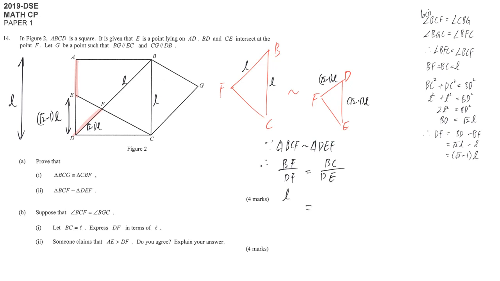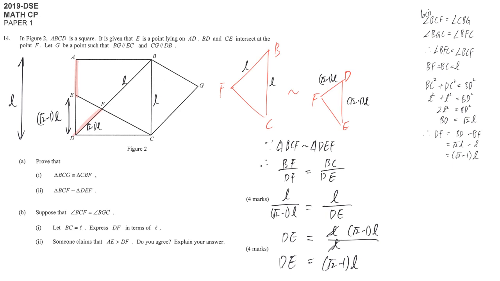Then we write down the values except DE. Therefore, DE is equal to L times square root 2 minus 1 times L divided by L. DE is square root 2 minus 1 times L also.